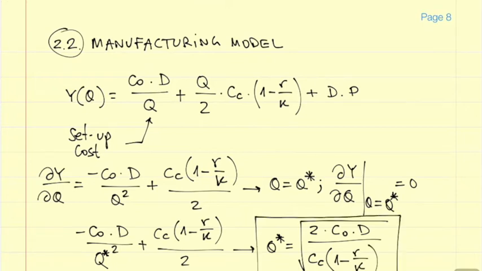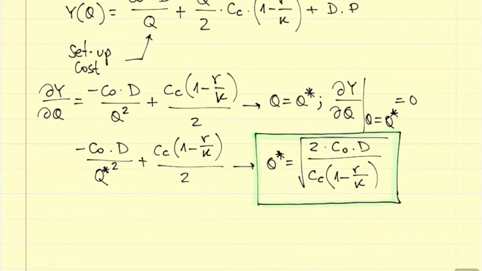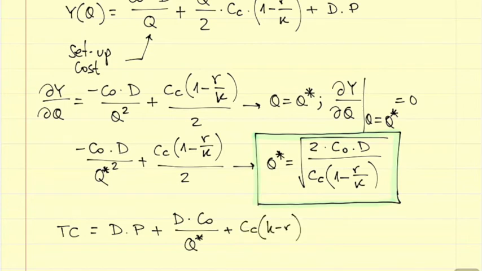Okay. And the total cost is again just demand times the price plus D times CO divided by Q star plus CC times (K minus R) times Q star divided by 2K.